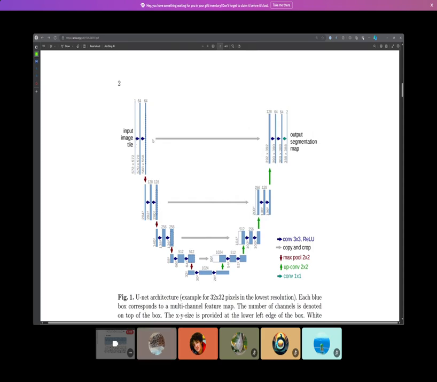So at the bottom, it gets max pooled, then double convolution, then up convolution, which basically adds information. Up convolution 2x2, then double convolution, then up convolution 2x2.